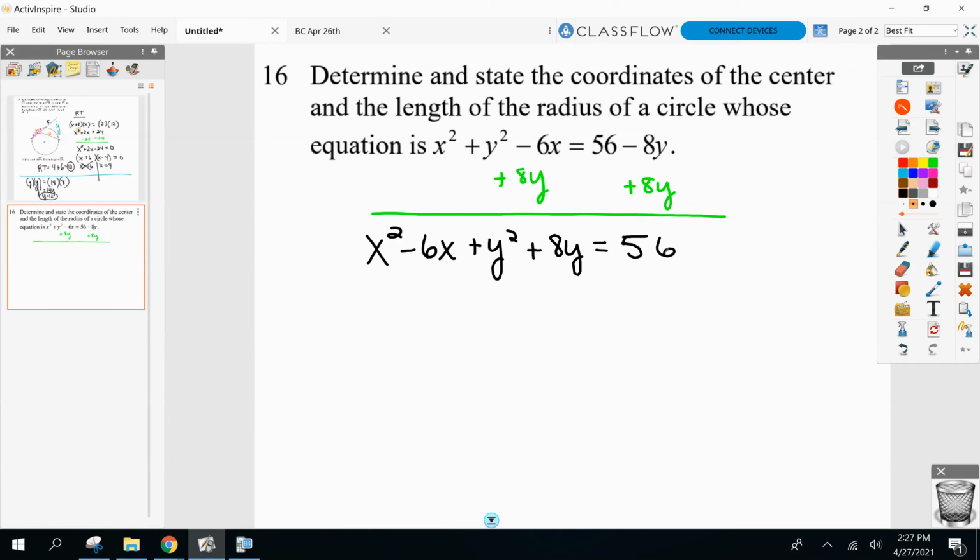So I have x squared minus 6x plus my number I'm going to plug in there to complete the square, plus y squared plus 8y plus a number I'll put in there to complete the square, equals 56.